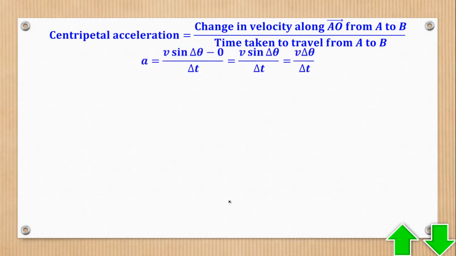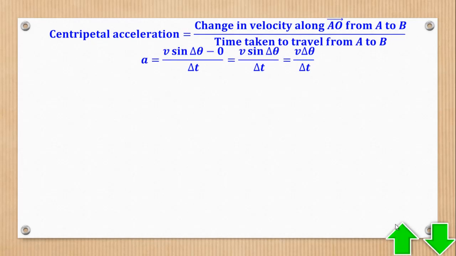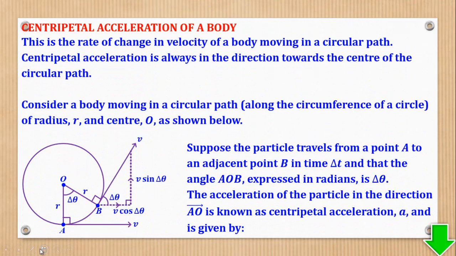So remember, we are dealing with this direction, which is upward. We are dealing with the vertical along AO. At this point, this velocity is entirely horizontal, so the vertical component will be 0. At this point, there is a vertical component here. So the change in velocity will be this vertical component minus this 0.